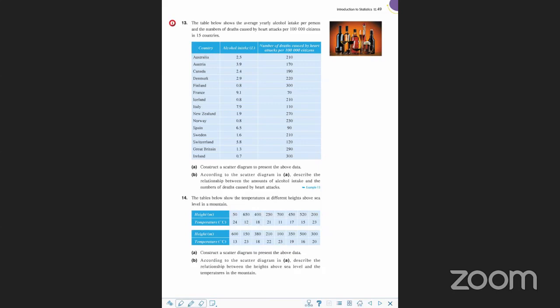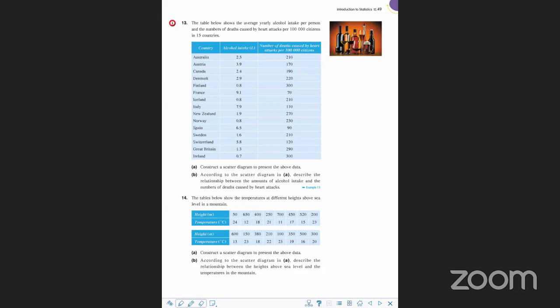For the height and temperature, maybe I'll type it here. We usually use the horizontal axis to represent height in this case.